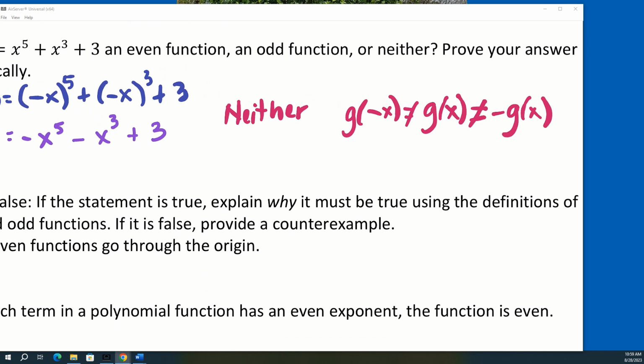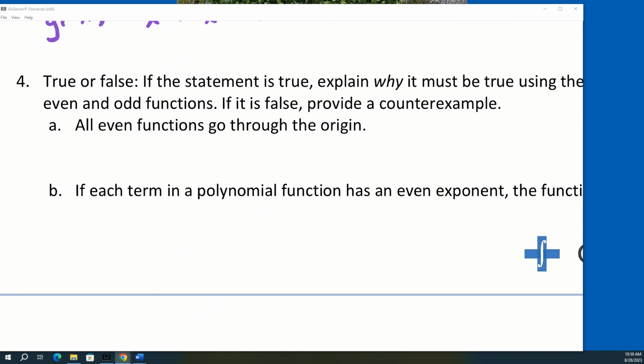All right, and then for number 4, this is going to be true or false, and you have to do more than just say true or false. So if it's true, explain why it's true using the definitions. And for false, you just have to provide one counterexample. And so A says that all even functions go through the origin.